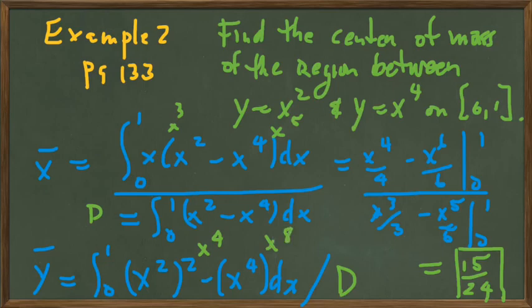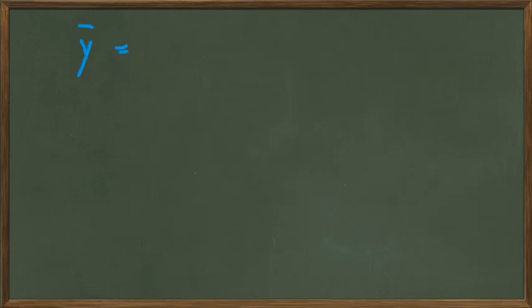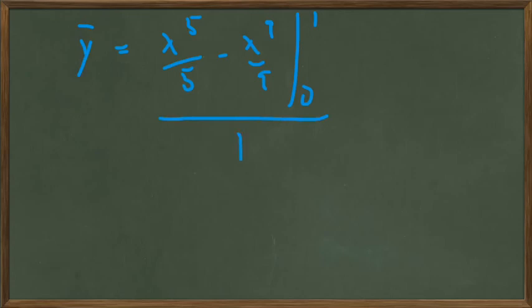If we integrate those, we get x to the fifth over 5 minus x to the ninth over 9, evaluated between 0 and 1, divided by that same denominator, and that number turns out to be 1/3.